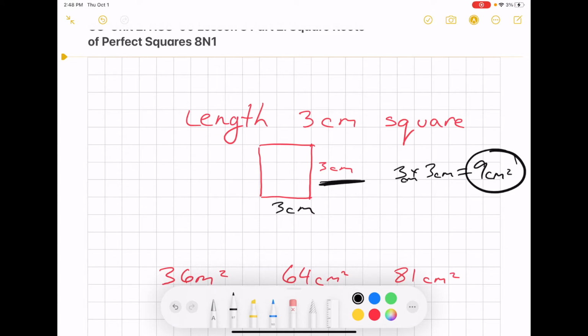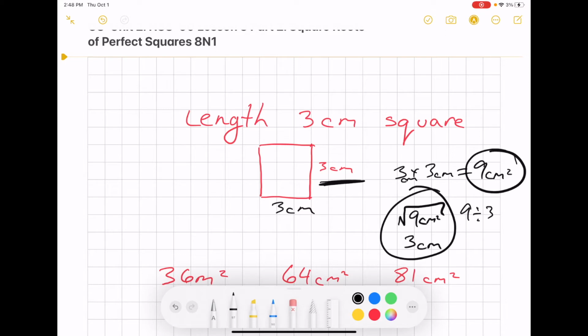To get backwards, what number multiplied by itself gets 9? It's 3, right? Or I could just take the square root of 9 centimeters squared, and it would be 3 centimeters, right?